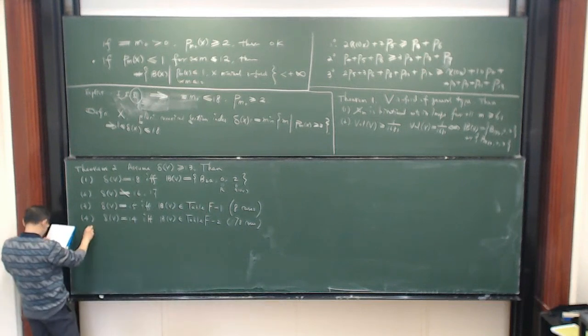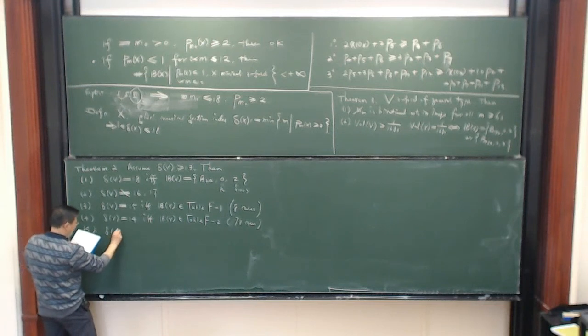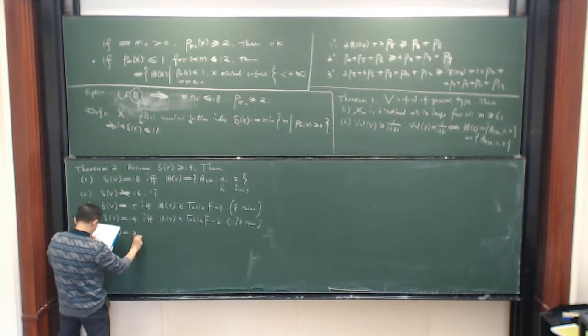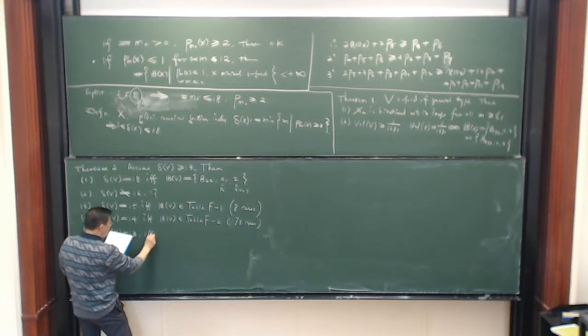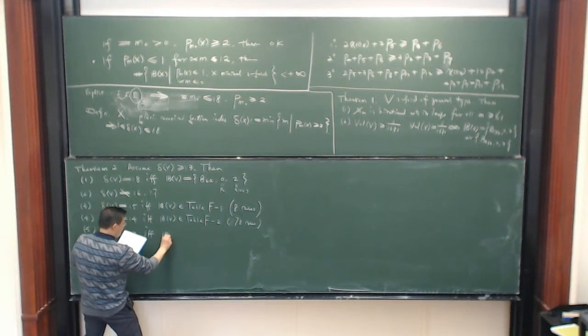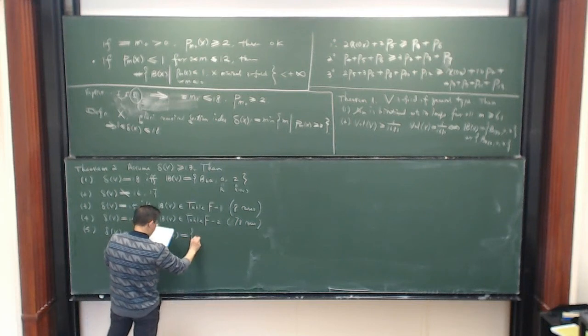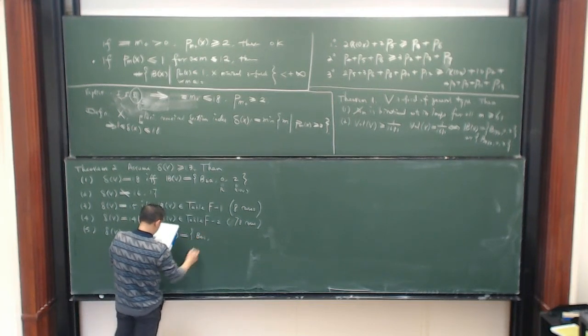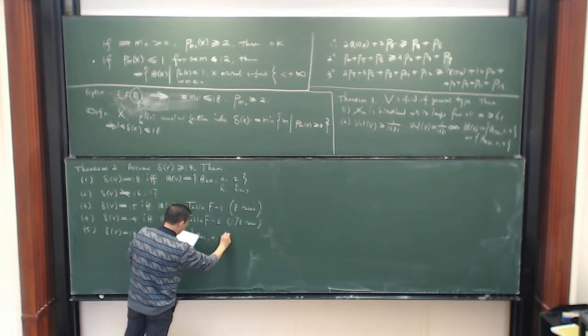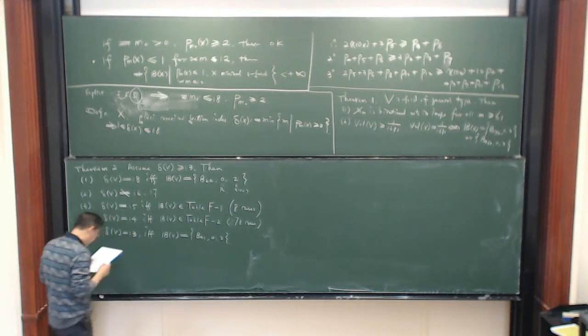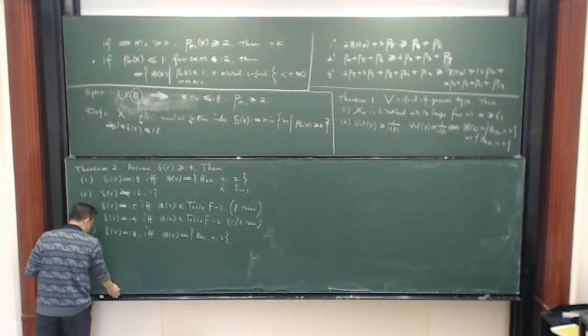And finally, delta V equals 13 if and only if the weighted basket is B41 and 02. Okay, this is what we can understand so far.